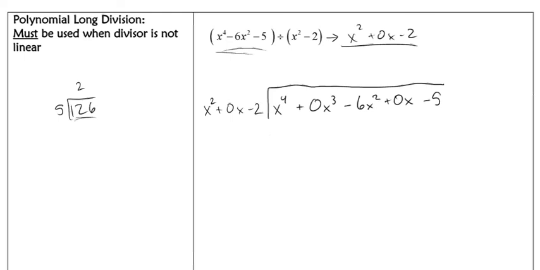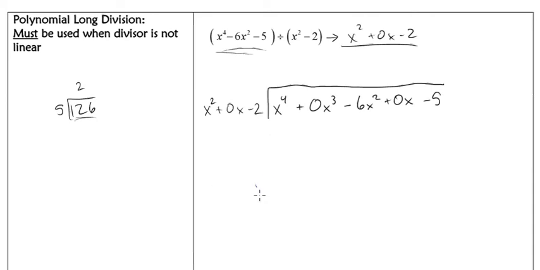And this process is a little bit more lengthy, but if long division back over here makes sense to you, then this is still hopefully going to make sense. So again, the first thing we did was see how many times 5 goes into the 12. And so how many times does x squared go into x to the fourth? It'd go in there x squared times. And that's what we're going to use as our first number here.